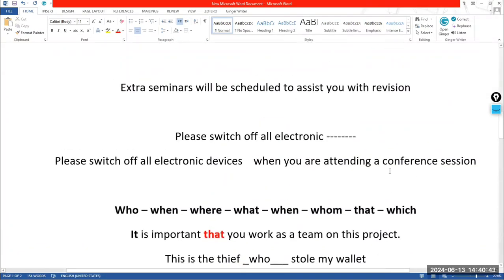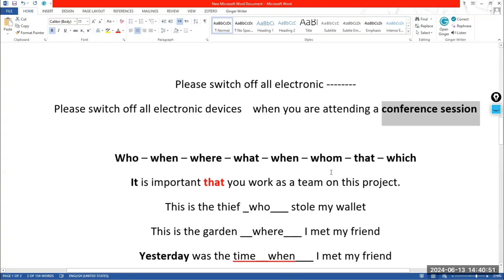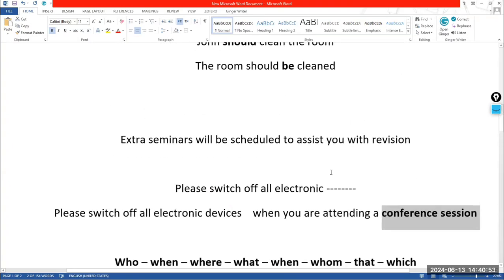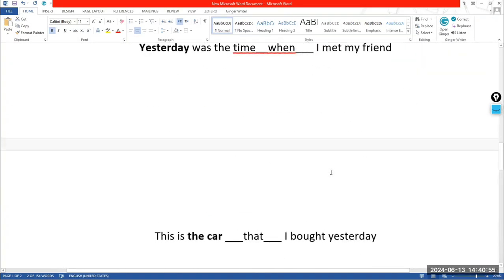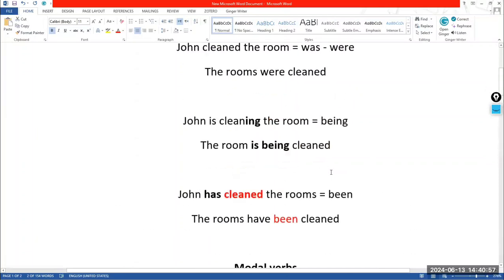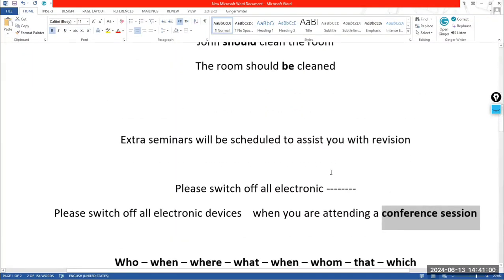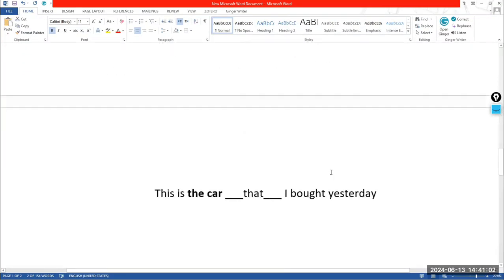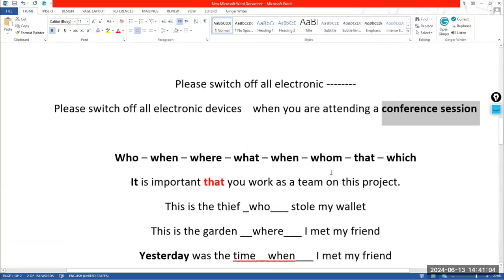And because the conference session is a thing, what is the relative pronoun that I used? No, it's not that. Maybe I mixed it up. It is important. Where is it? Okay, let me go up. Where is the sentence that we wrote?